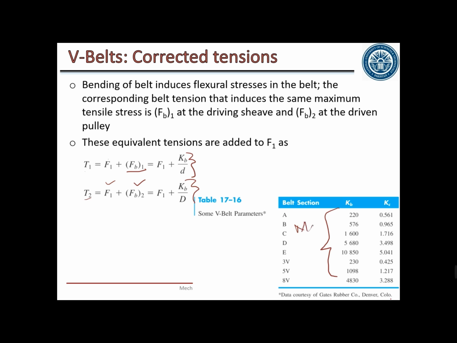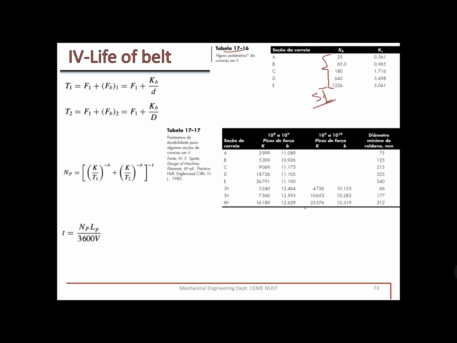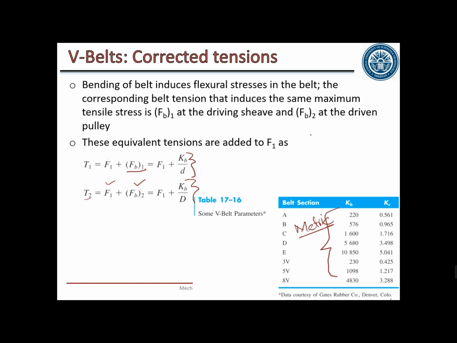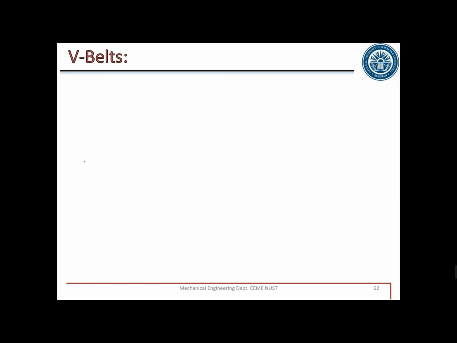These are metric edition values even in the SI edition book. So the values in slide number 74 or 73 are the correct values of KB. So we have to use these values if you are using SI edition values. Substituting all values, we will get T1 and T2.